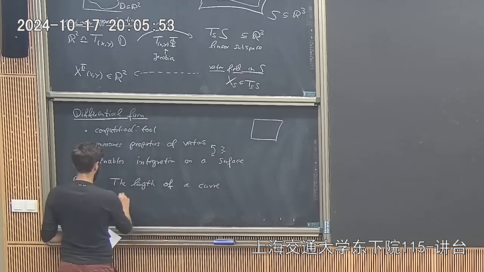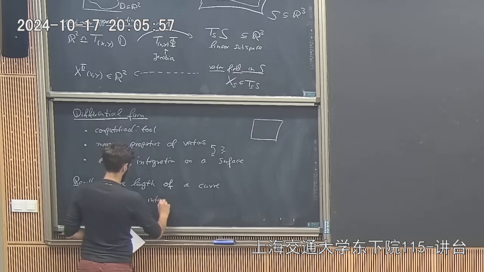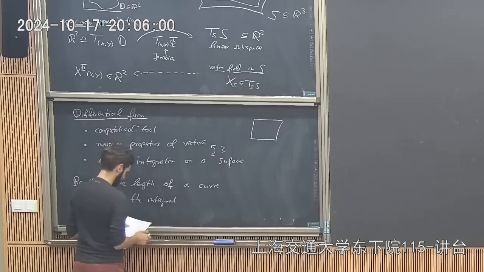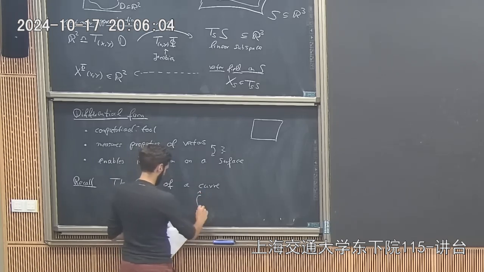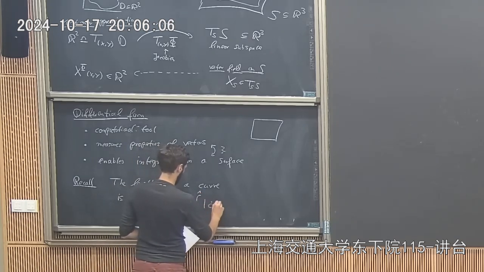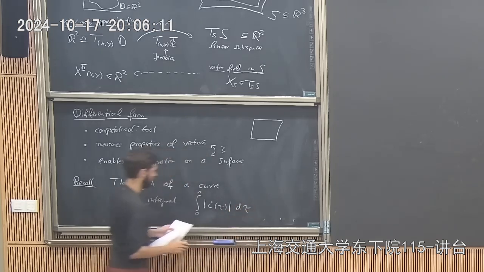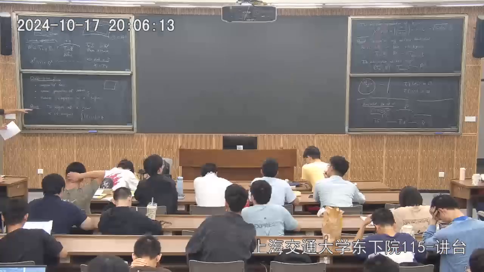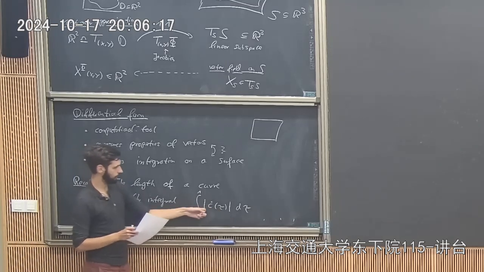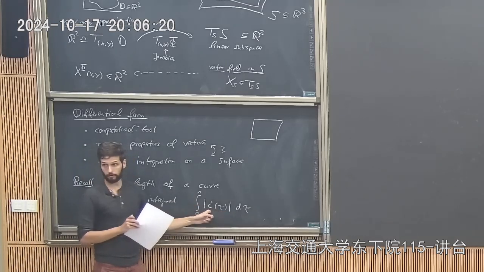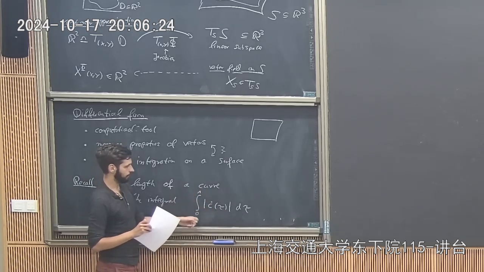Of a curve is the integral. So that's like the length of the curve, and what I'm doing here is I measure the length of the vector of the curve, and then integrate that.